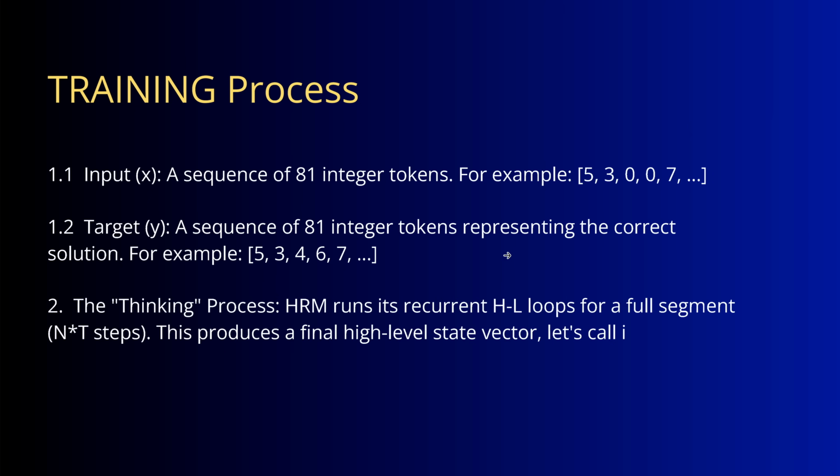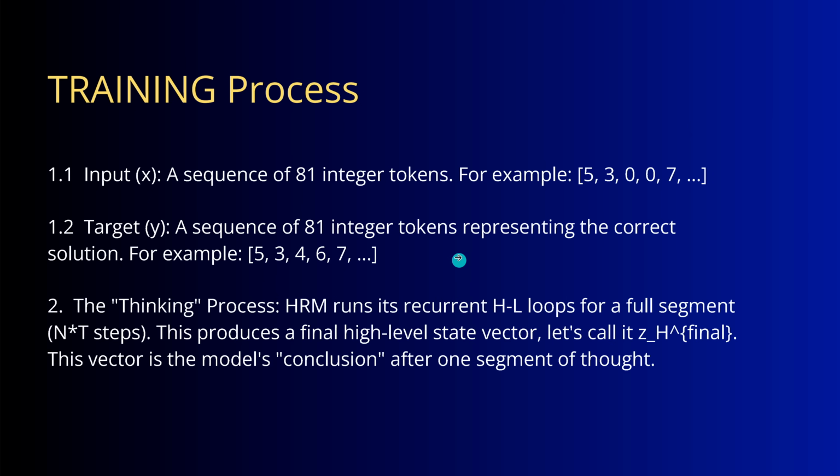Great. So let's come to the thinking process that is happening in the training. In this new HRM methodology, it runs its recurrent high and low loops for a full segment, n times T steps. And this produces a final high-level state vector. I'll show this in more detail in about 5 minutes.